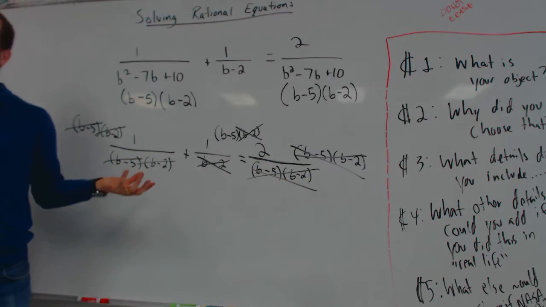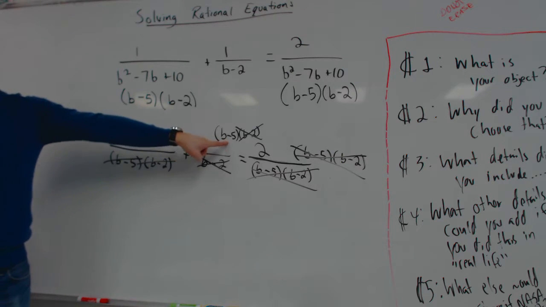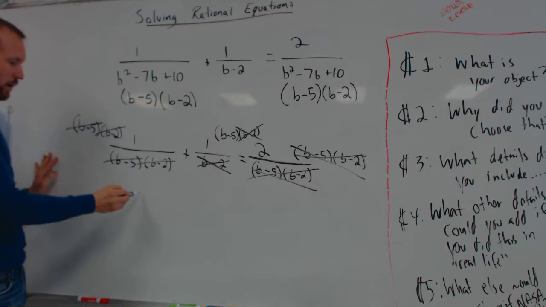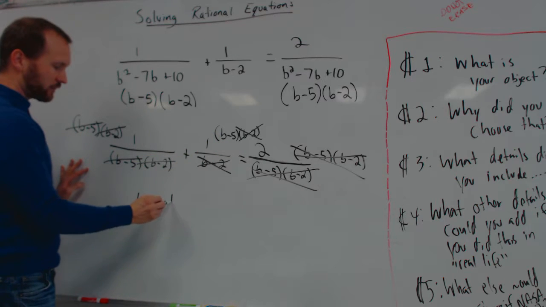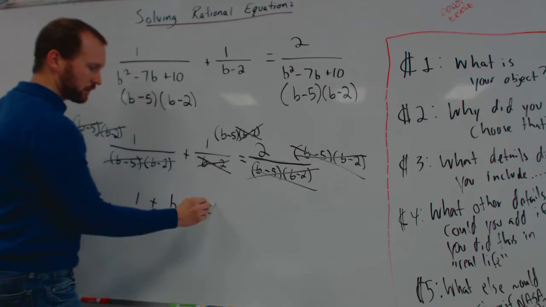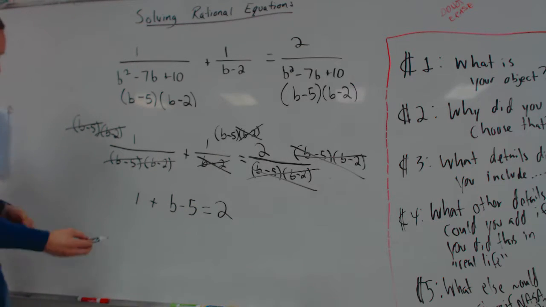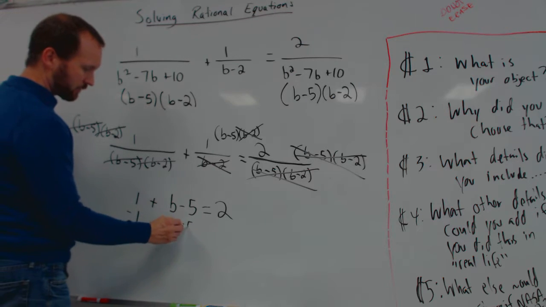So it actually becomes really simple, and there is no FOIL now, because I just have 1 times b minus 5. So all I have here is 1 plus 1 times b minus 5, which is just b minus 5, equals 2. That's it. So I subtract 1 and add 5 to both sides.